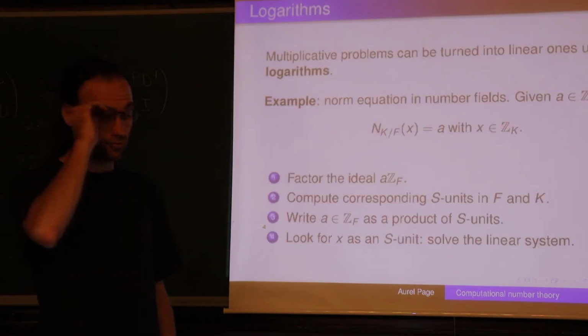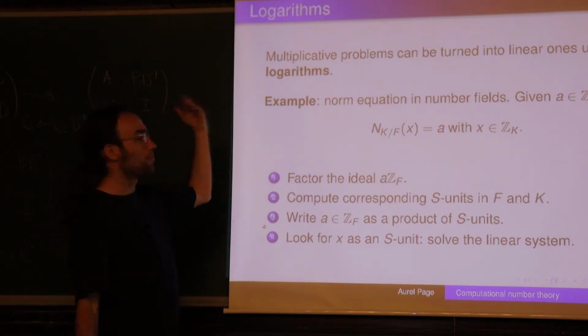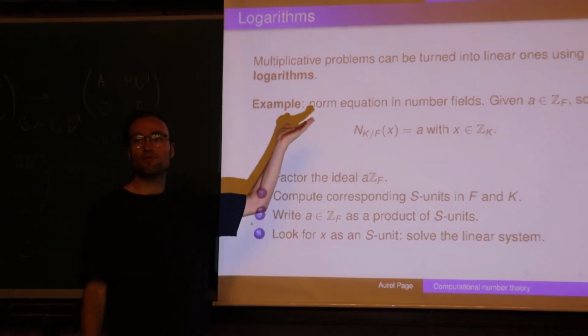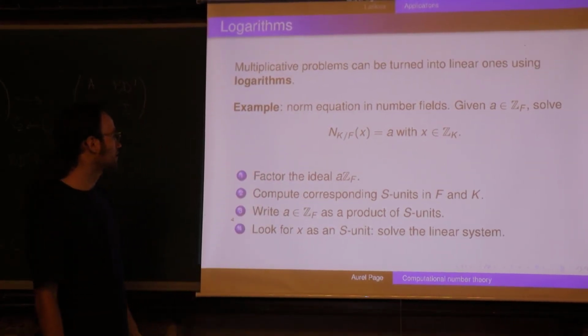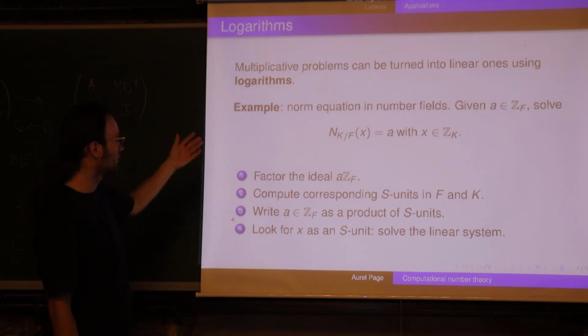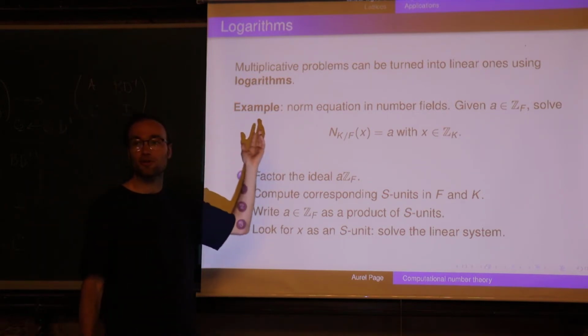Okay, so logarithms, quite obviously, can be used to turn multiplicative problems into additive ones and therefore linear algebra. So let's take an example from algebraic number theory: solving norm equations.